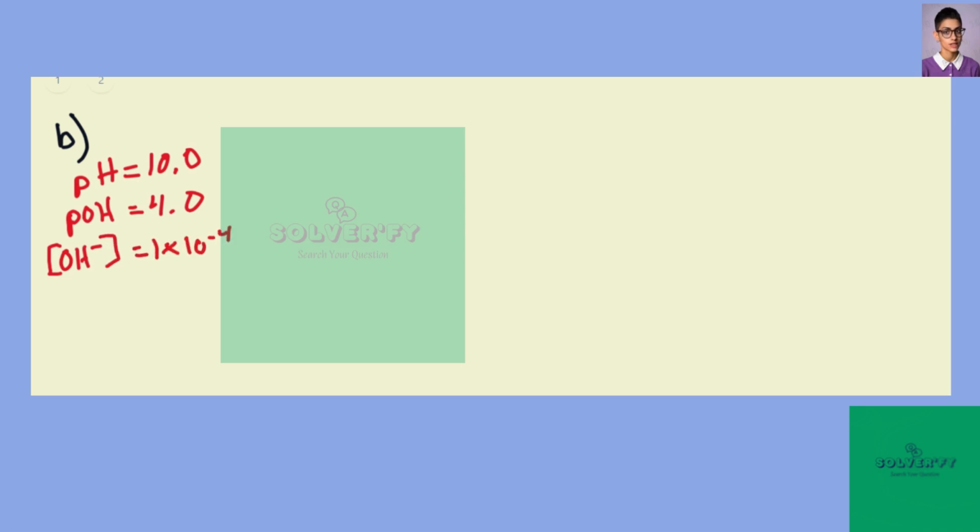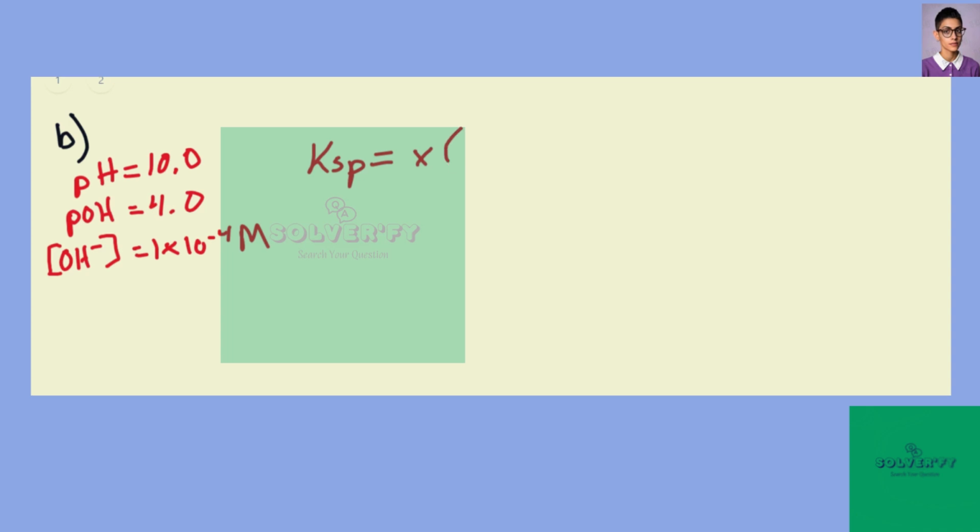So now we'll do the same thing for pH 10. So if we have a pH of 10, pOH will equal 4.0, and the concentration of OH will be 1 times 10 to the minus 4 molar. So we can plug this into the same expression we used for the equilibrium constant before.